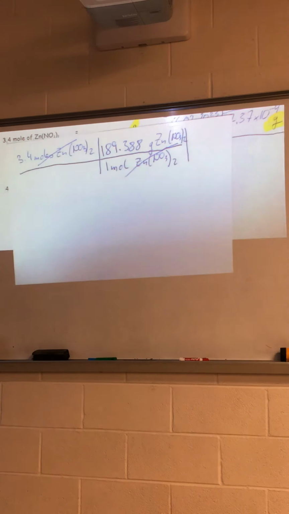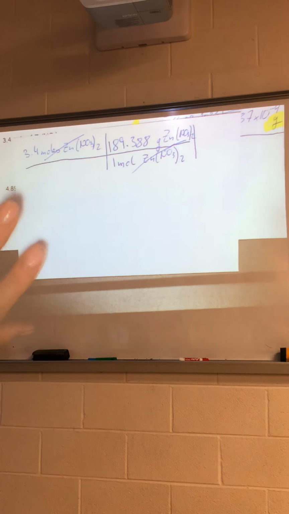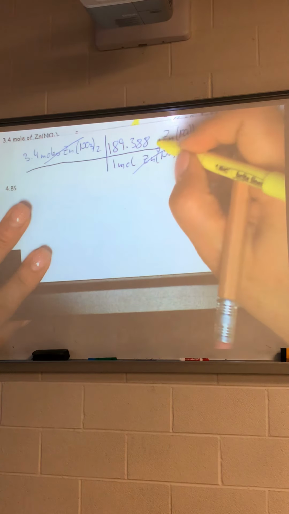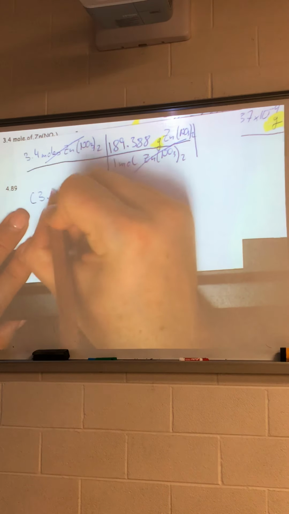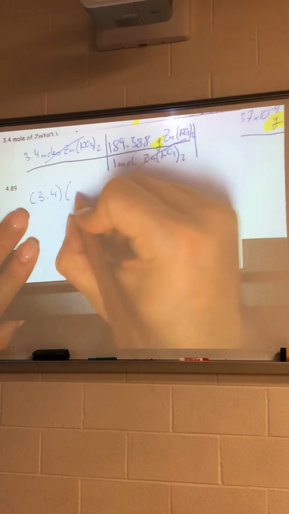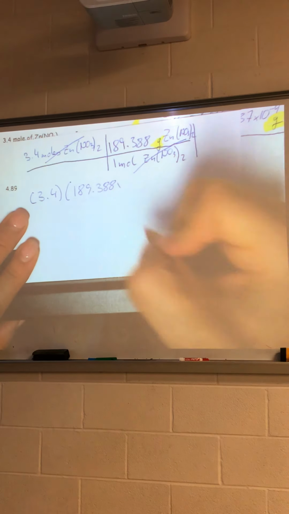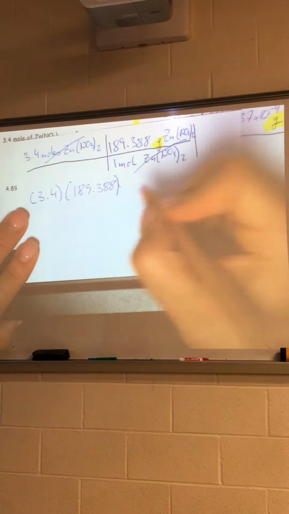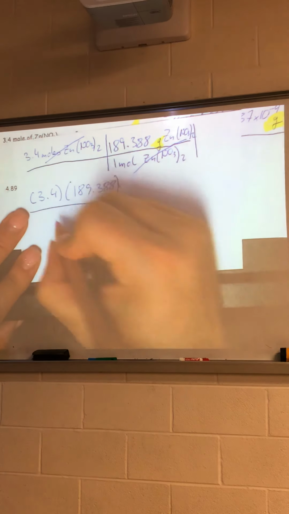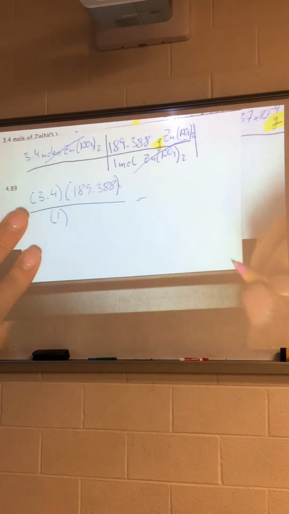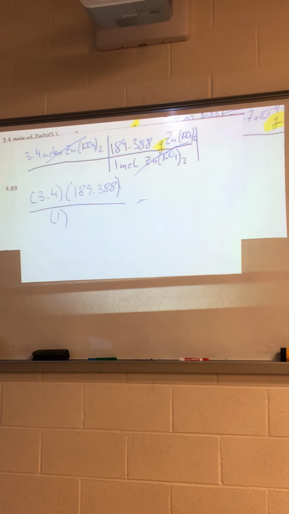You got that from the previous calculation. And there's your grams. Next step is, show me what this will look like on the calculator.